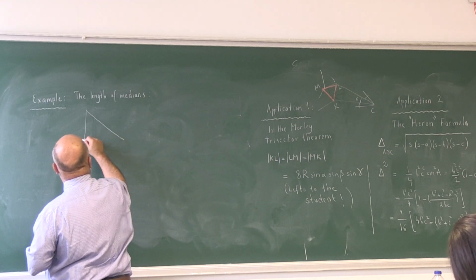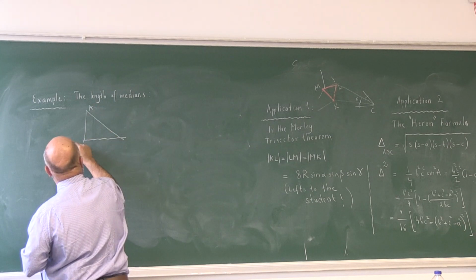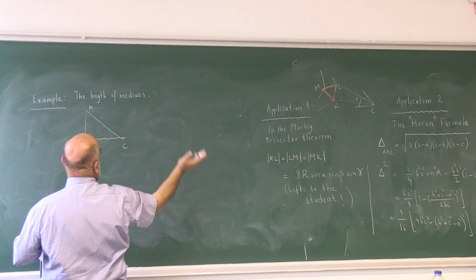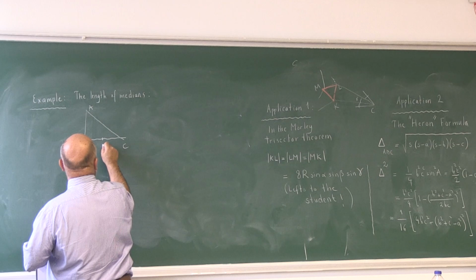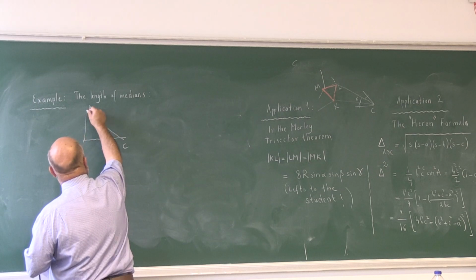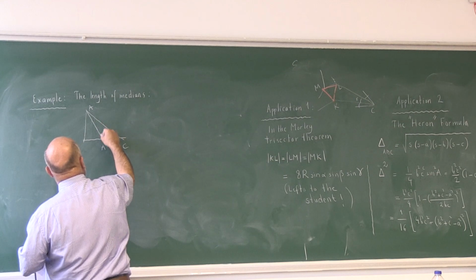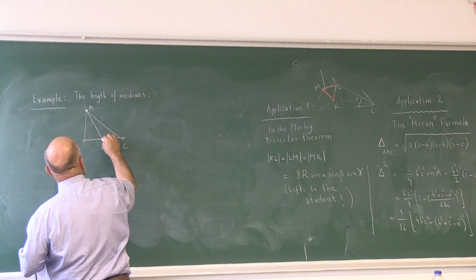Here is your triangle ABC. I'm doing it with special reference to the vertex A. You can, of course, change it around. Here is the midpoint of the line segment BC, A prime, and the median is the line that joins A and A prime.